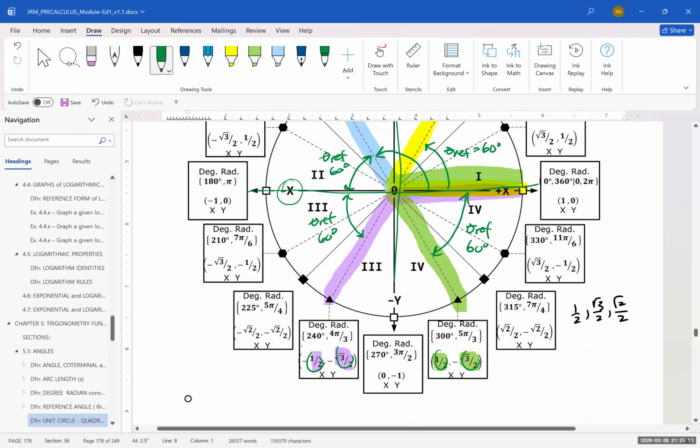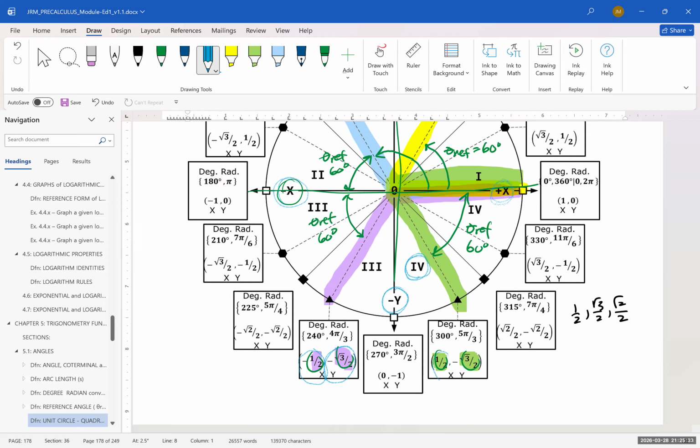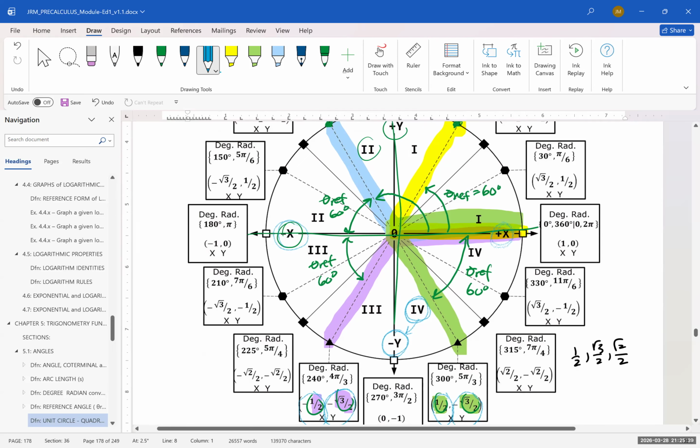Down here, we're dealing with a negative x value, so our x value here is going to be negative, and we're dealing with negative y values. So the y value here will be negative. And coincidentally, the same in quadrant 4. In quadrant 4, the x values are positive, but the y values are negative. So even though the fractions remain the same, they just differ by being positive or negative.